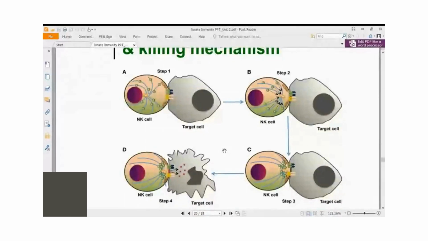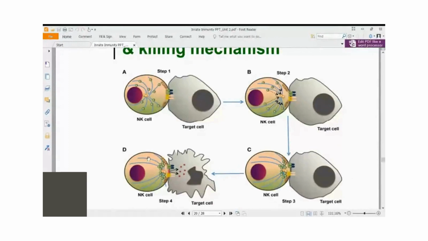So from the examination point of view, if any of these two cells are asked, you are expected to draw a diagrammatic representation of the structure of the cell and its interaction with the target cell, which is shown in this slide, bottommost left-hand side. You need not show the entire sequence of events.